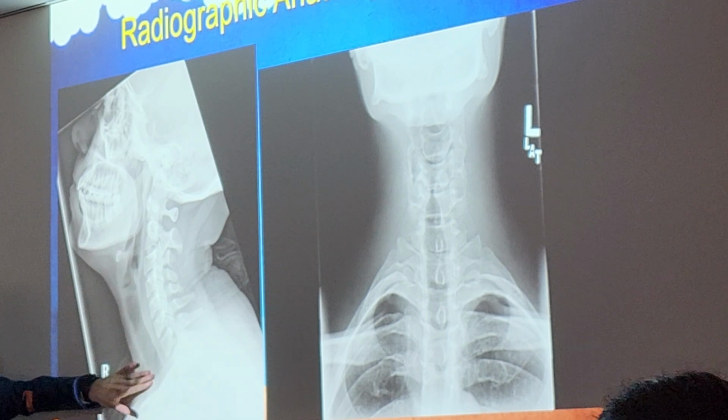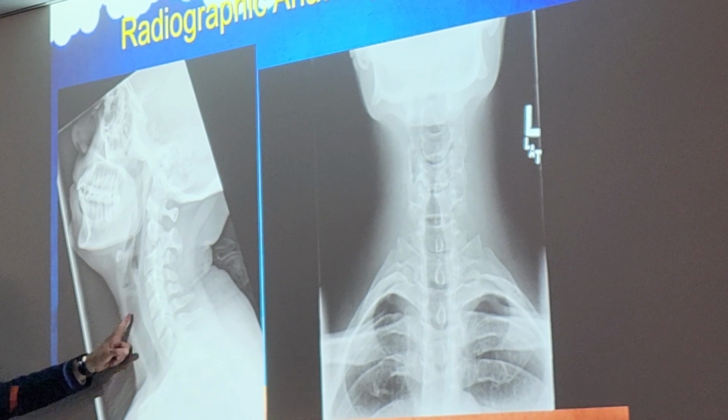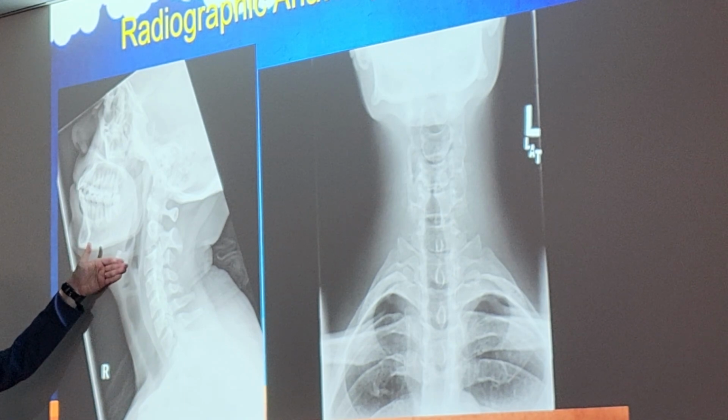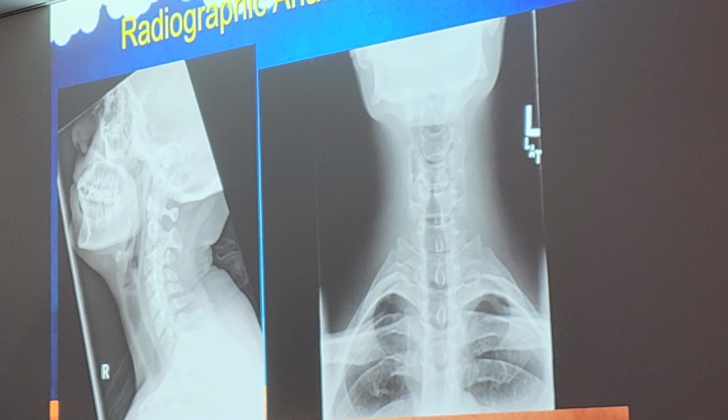And then your air-filled trachea is down here. If I'm asking you to label the air-filled trachea, I want you to put your marker down here. That's very important because trachea is here, larynx is here. It's almost like there's a little line dividing them. So the larynx and then the trachea.